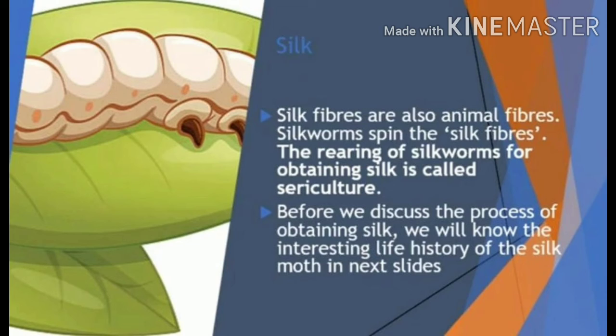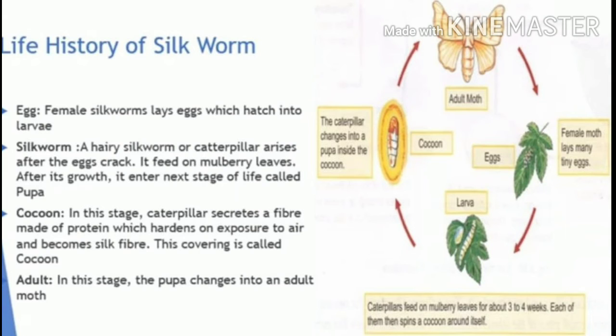Before we discuss the process of obtaining silk, we will learn the interesting life history of the silk moth in the next slide, and this life history is diagrammatic. So students, it is very interesting to discuss the life history of the silkworm.